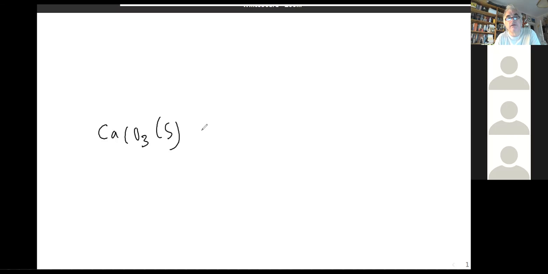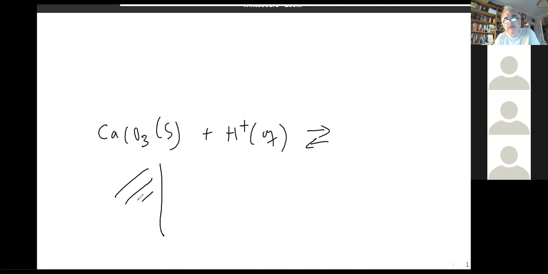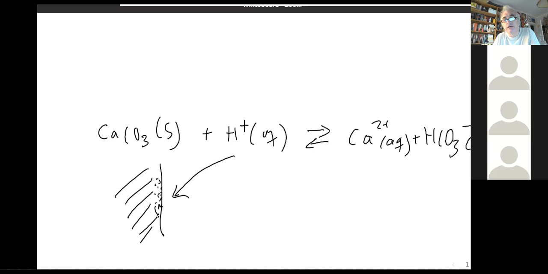I don't think that nature knows the arrows, but if we say that a lot of hydrogen ions attack the surface of the material here, and something happens here, some acid corrosion, then we will, as products on the other side, have these calcium ions and the hydrogen carbonate, that don't form solids at all as easily as the calcium 2+ and the carbonate 2- ions do.